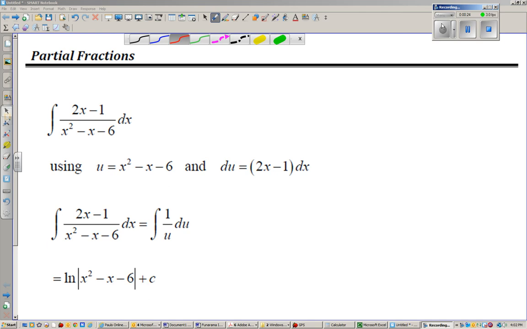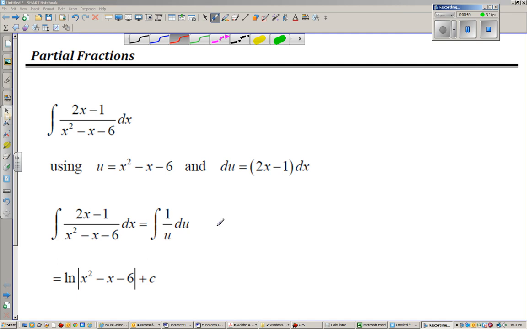You come along, you say, let's try a u substitution for the denominator. You take the derivative of your substitution and it equals the numerator. Life is great. So you put your u in for the denominator. You put your du in place of the numerator, the 2x minus 1 dx.